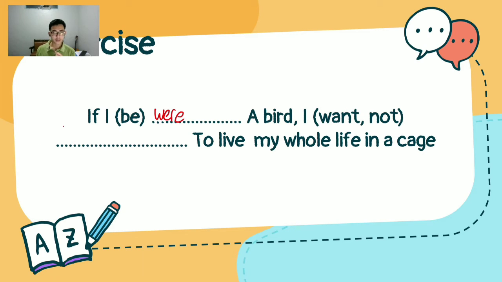Because this is a type 2 conditional sentence, we can fill this with wouldn't want. Why can I conclude this sentence is a conditional sentence? Because this sentence is contrary to fact. Why? Because I am not a bird. So this is contrary to fact.